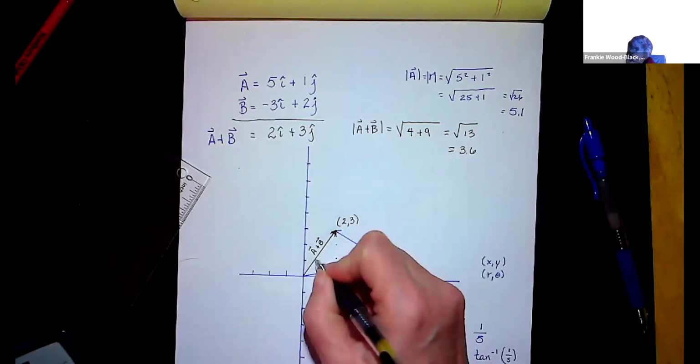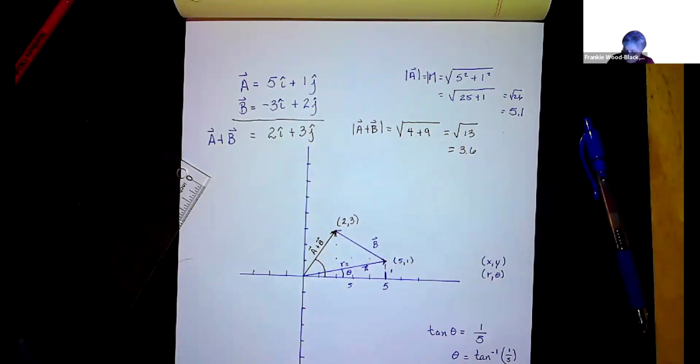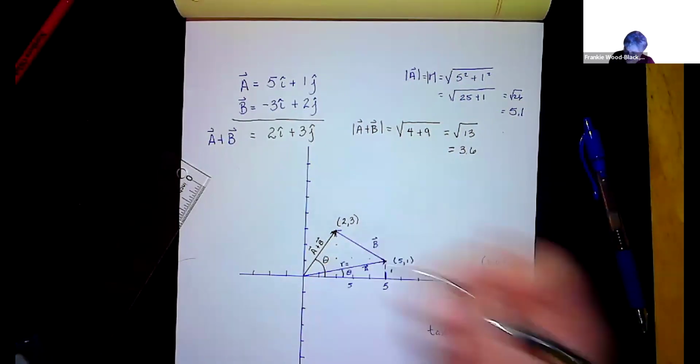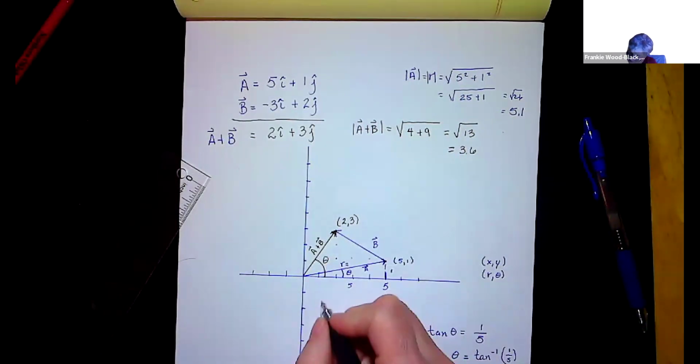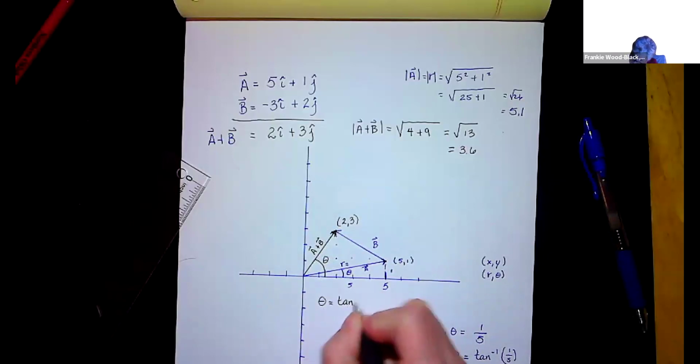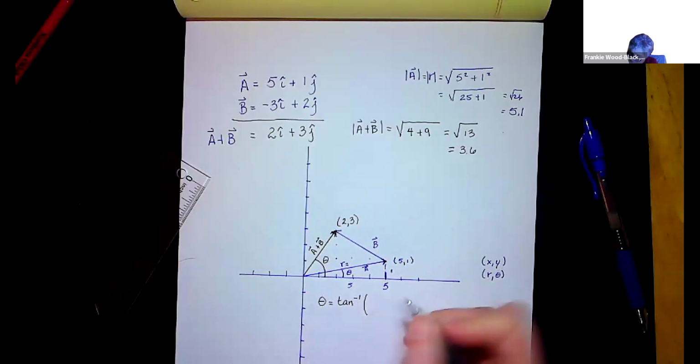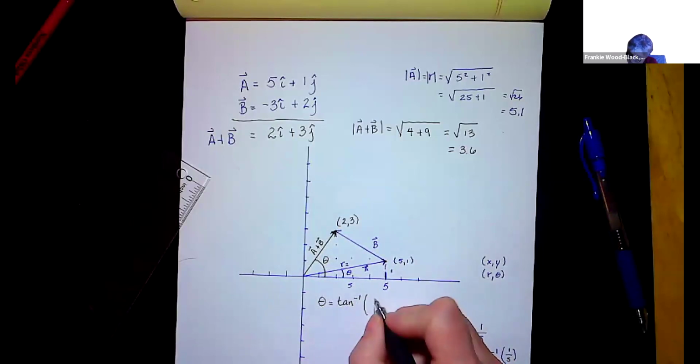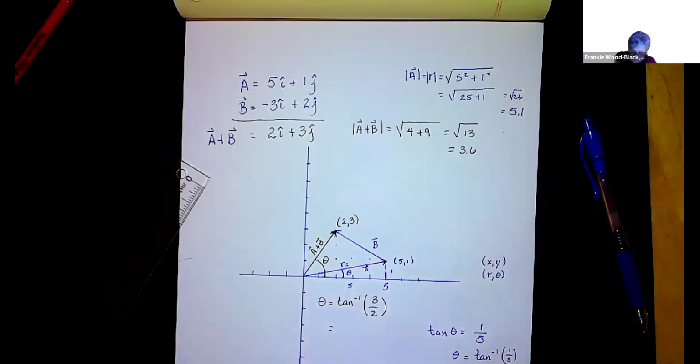And now if I want this angle, I'm going to do the exact same thing I did here. I'm going to take the arc tangent of my y, which is 3, divided by 2. And my angle is going to come out as 56 degrees.